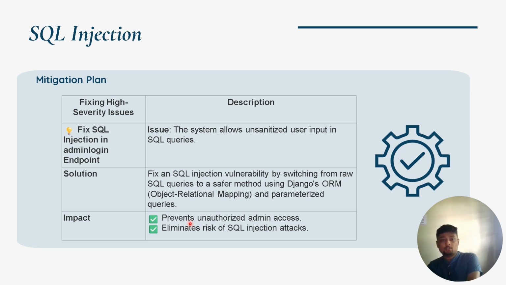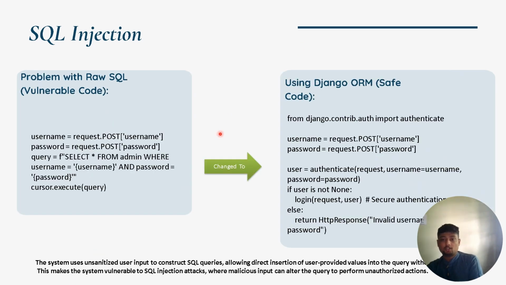This will prevent unauthorized access of admin access, so others cannot access without admin credentials, and it also minimizes risks of SQL attacks. So now let's look at how we overcame this SQL injection issue.